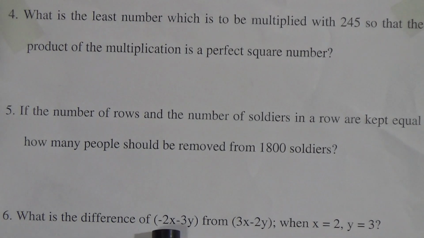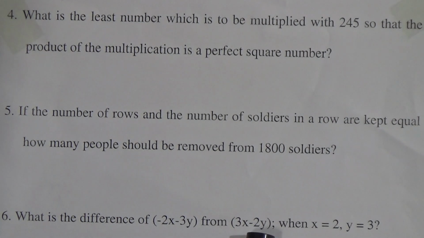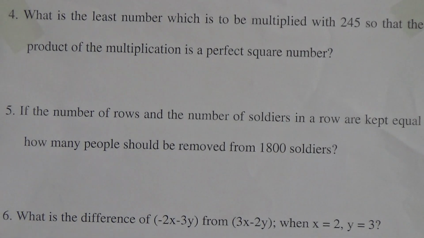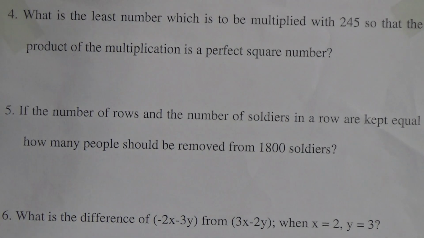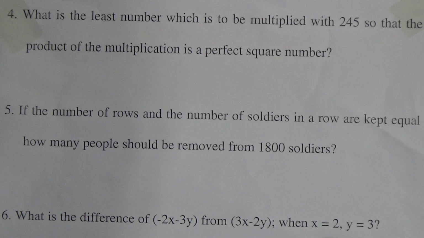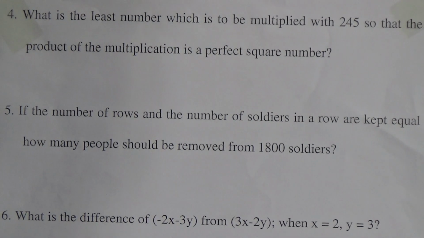Okay, look, minus 2x minus 3y from 3x minus 2y when x equal to 2 and y equal to 3. Remember, when x equal to 2, unfortunately this is a mistake in the assignment provided in the 3rd week.